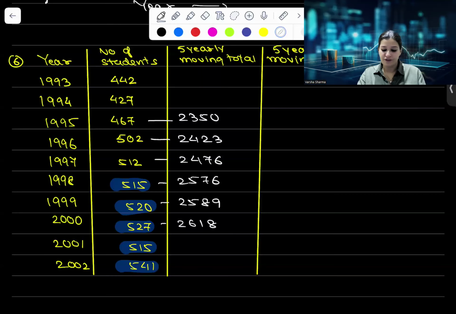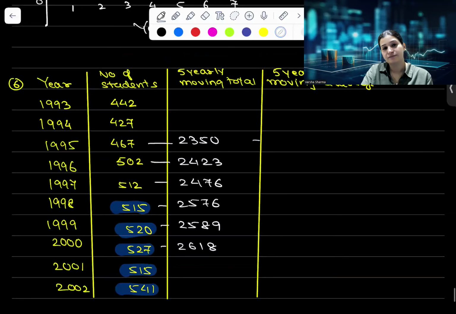Divide all of them by 5. 470. Sorry, yeah.